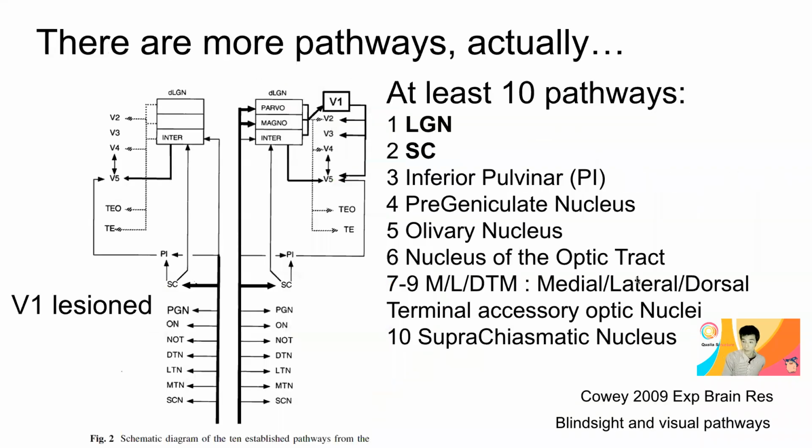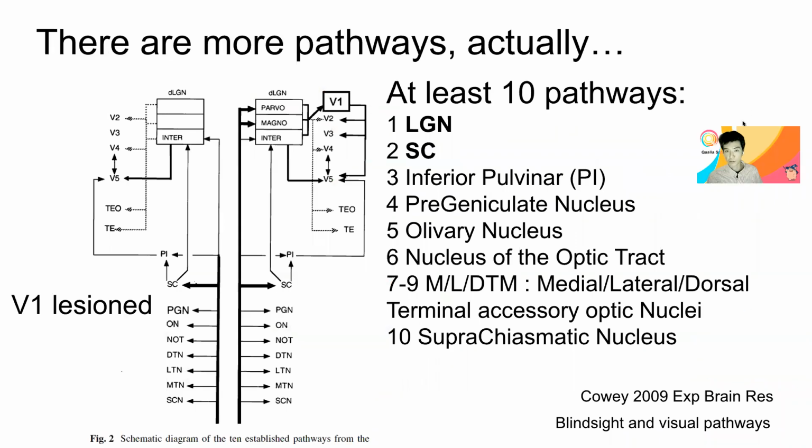In fact, it's more confusing than the superior colliculus and LGN picture, because anatomically speaking, the retinal output goes along at least 10 different branching ways. As I said, the LGN receives 90% of the output from the retina, so that's really dominant. The superior colliculus, which branches out around here, receives roughly 10%.